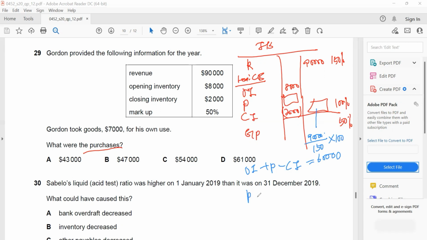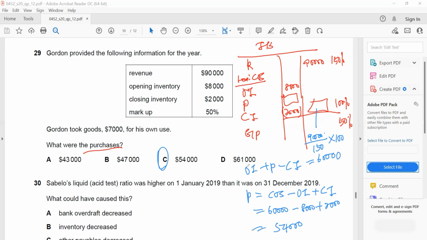To find the purchases, we take the cost of sales minus opening inventory plus closing inventory. So 60,000 minus opening 8,000 plus closing 2,000. We get 54,000.